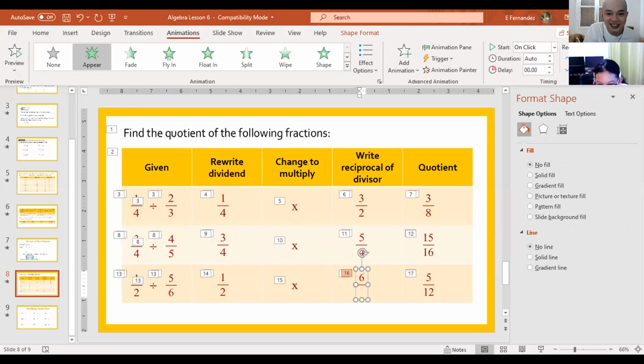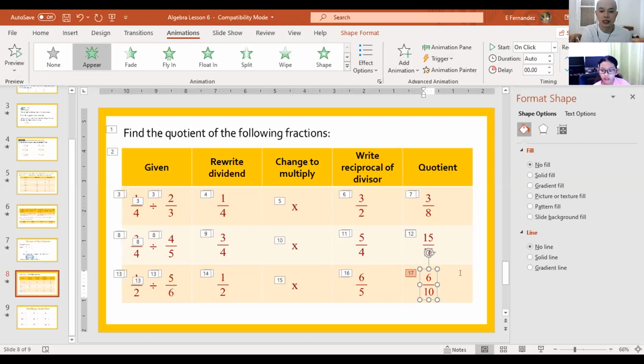Okay, so you have 6 over 10. Let me rectify this. So stupid of me, I did not see it. Yes, that's 6 over 10. And also this 6 over 10 can be simplified actually.